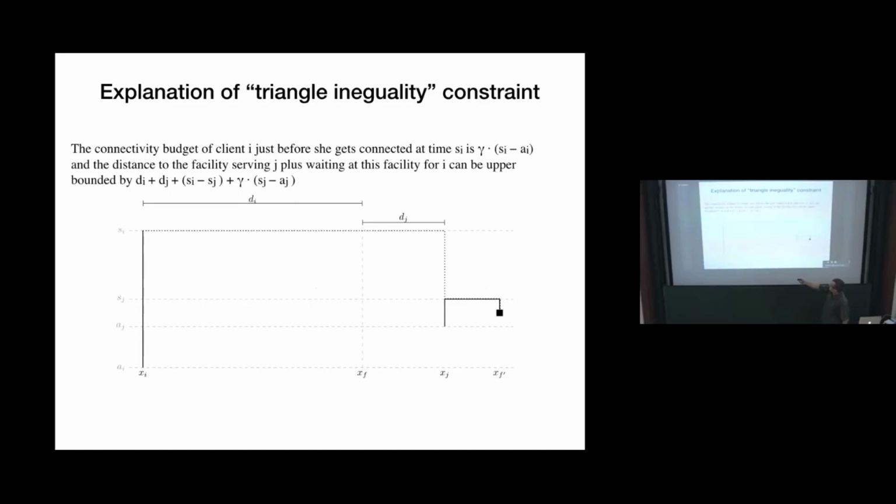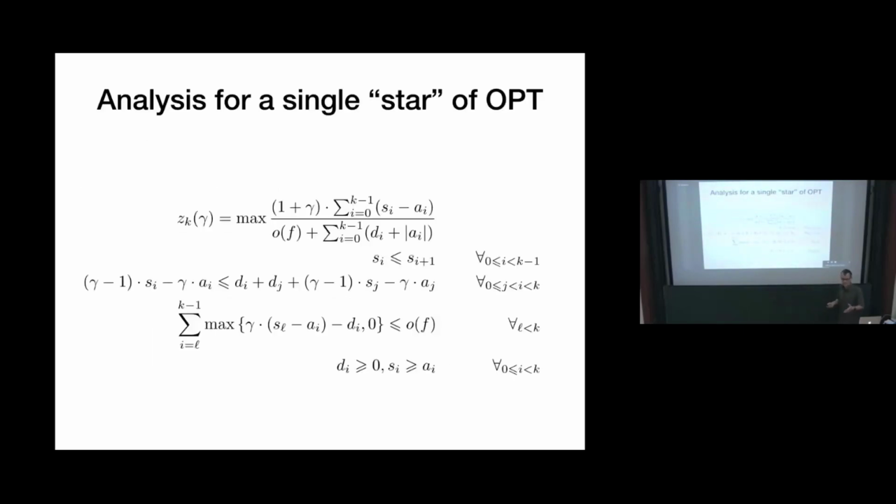So it must be no more than this distance. The first part is just the distance between clients. This you can measure in terms of service times of the two clients. And this last part can be measured by the connectivity budget of this client when he got connected. So you just put these three pieces together, and the connectivity budget of client I should not be more than these three pieces together. And in the end, you get such a fancy constraint, which you can put into the program, and you get this fancy program.